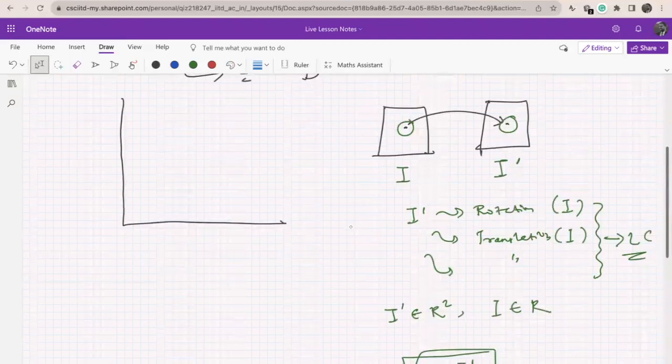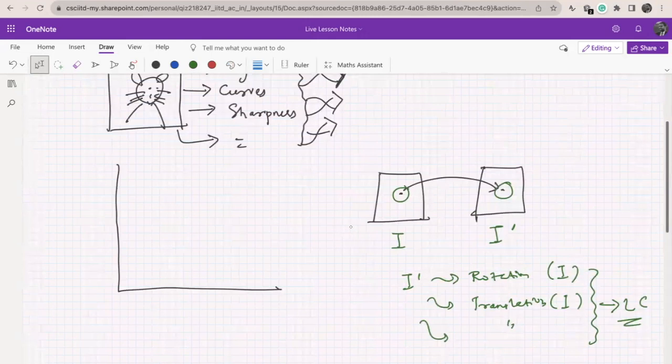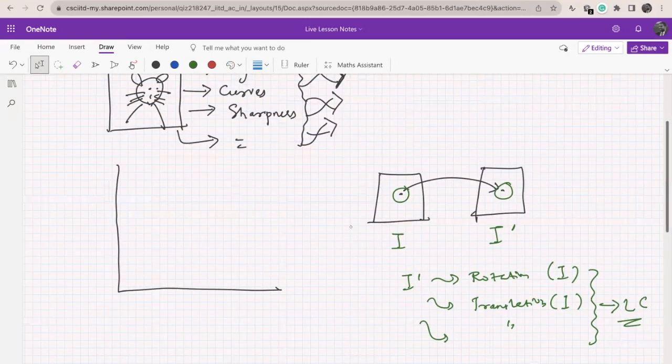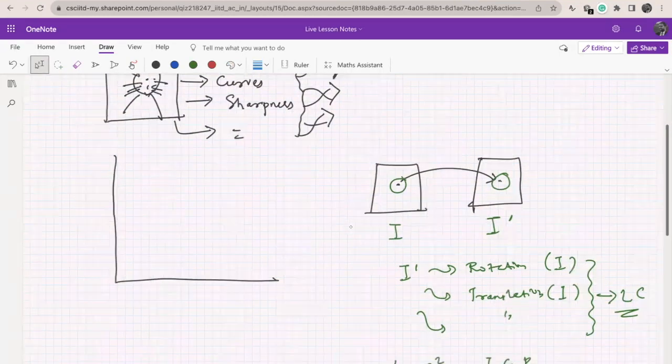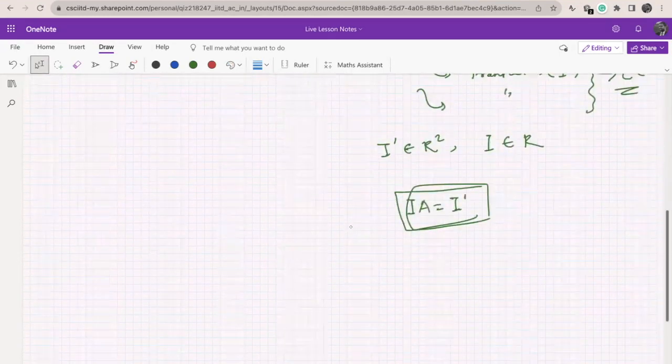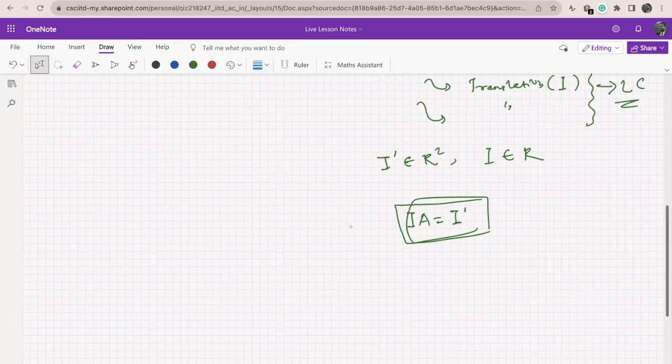We can finally say which points in source image one correspond to which points in source image two. We assume that this is a linear combination, but at some point it might not hold.